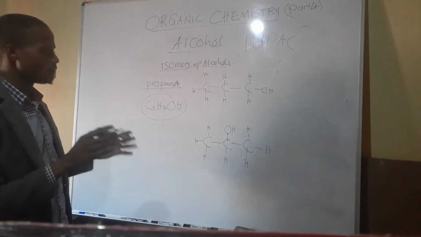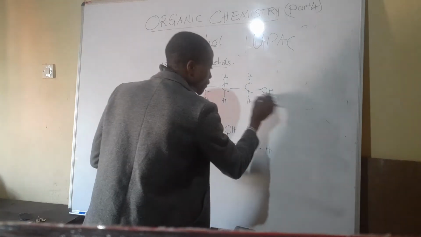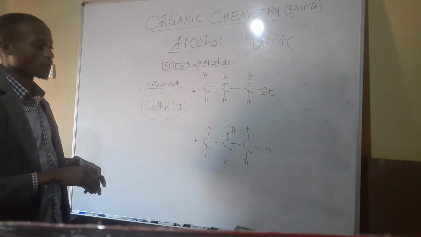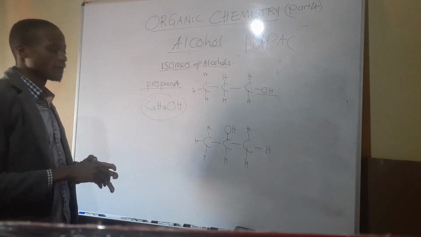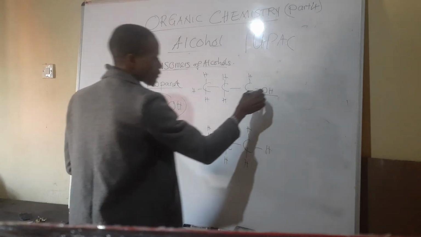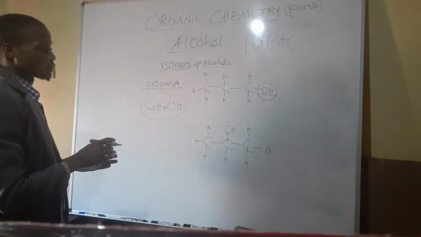Now, when naming organic compounds, the alcohol group is always given the first priority. So identify the group of an alcohol, which is the hydroxyl. So that's a hydroxyl. Then it is at position 1.